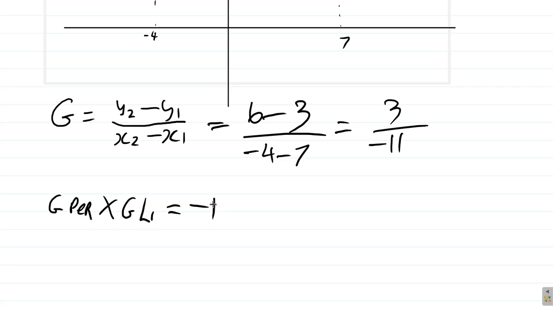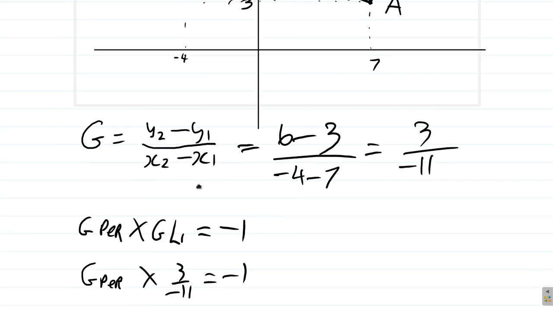The product of the gradients is -1. If you multiply the two gradients, you get -1, right? You have to remember that. So the gradient of the perpendicular, call it g-per, multiplied by the gradient of line 1, 3 over -11, is equal to -1, right?